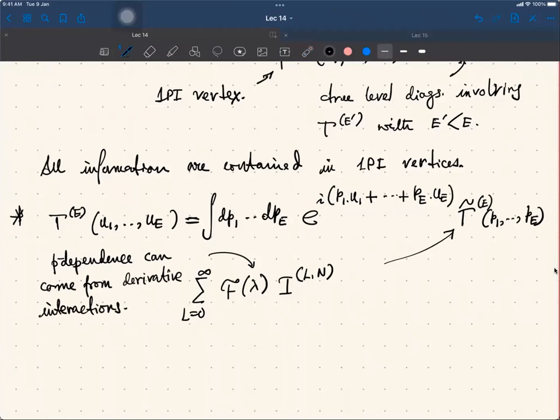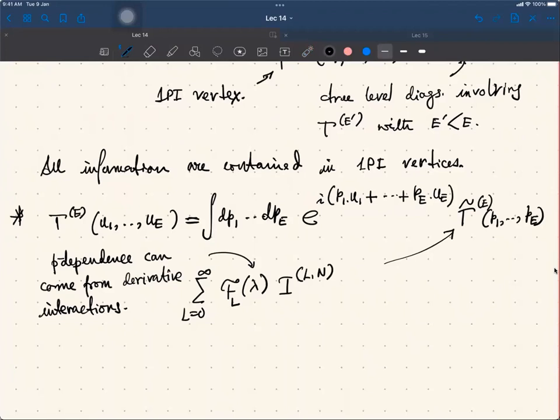If you have an interaction where derivative of phi is involved, we are considering polynomial interaction, which is phi to the power something, but if we had phi and derivative of phi involved, then that vertex factor will depend on P in momentum space Feynman rules. Since F is a function of the vertex factors, that P dependence would come in F. Otherwise, since we are considering polynomial interactions, it is P independent.